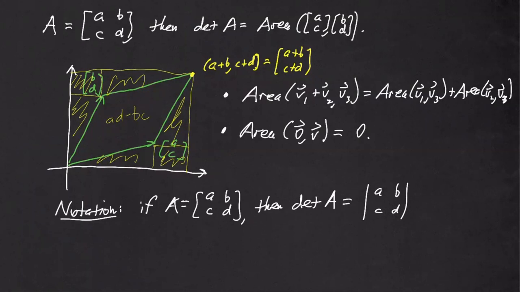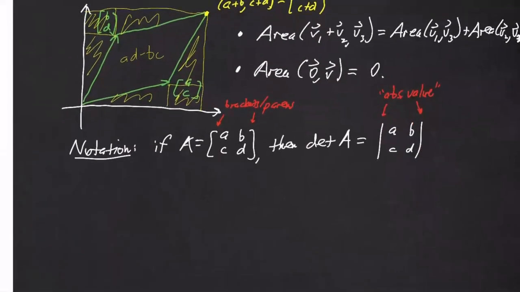Sometimes people use brackets or parentheses to write a matrix. But when you write the determinant, you sometimes just put little absolute value signs instead. So if I write that, I actually mean the area, not the matrix. It still looks like a 2x2 array, but those vertical bars mean the determinant. Okay.